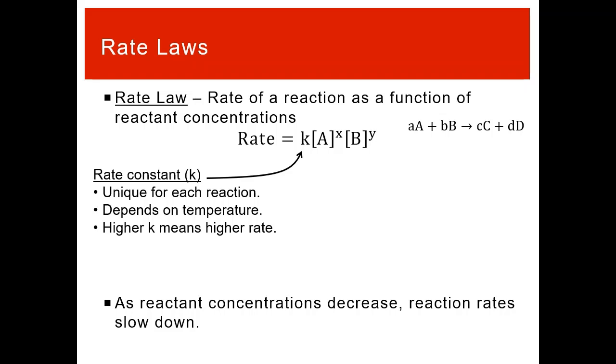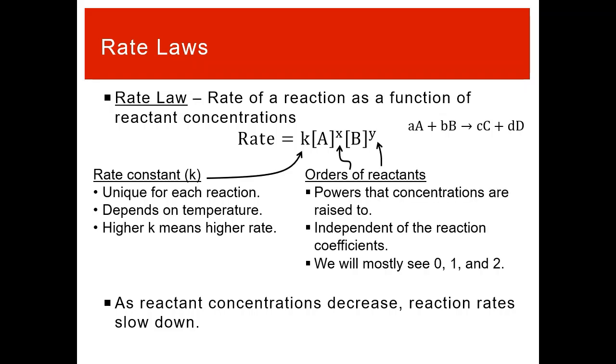Then the A and B in brackets are just the concentrations of reactants, and the x and the y are exponents that are the orders of reactants. These are the powers that the concentrations are raised to in this equation. You will note I've used x and y, not little a or little b. That is because the order of a reactant is distinct from the reaction coefficients.